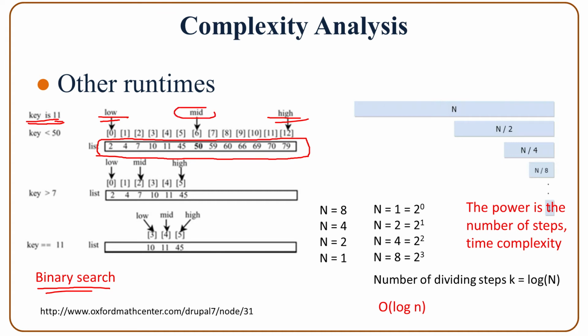The mid value here is 50. We compare the key and the mid value. If the key is less than the mid value, then we take the first part. And if it is greater than the mid value, then we take the second part.